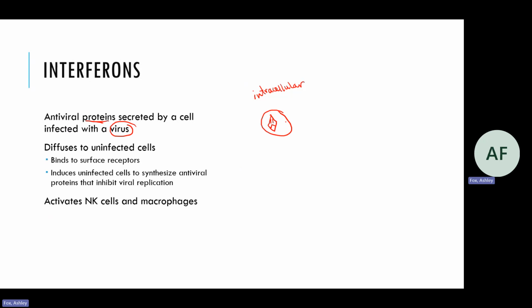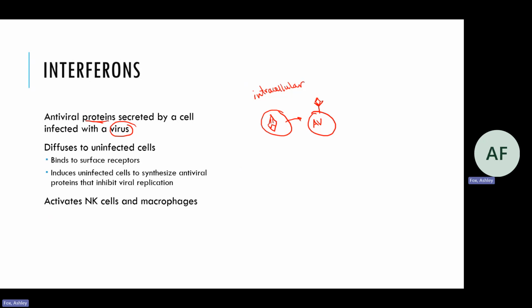And it's going to send out interferons to neighboring normal cells. So this is a cell that's not infected. And it's going to send out the interferons. And they're going to bind to a receptor on the surface of the cell. So, say this is an interferon. And what that is going to cause this cell to do is to produce antiviral proteins.